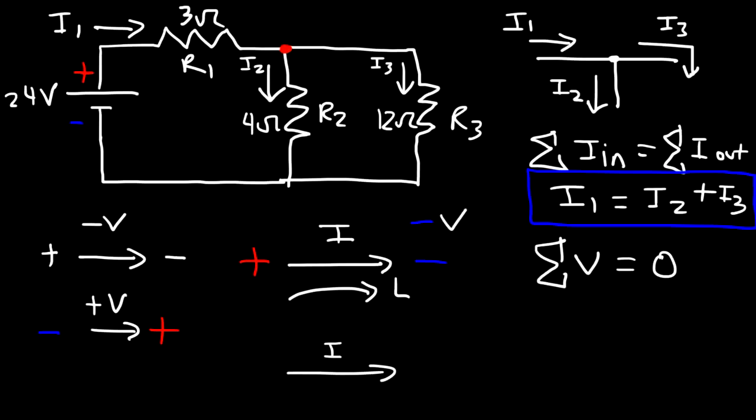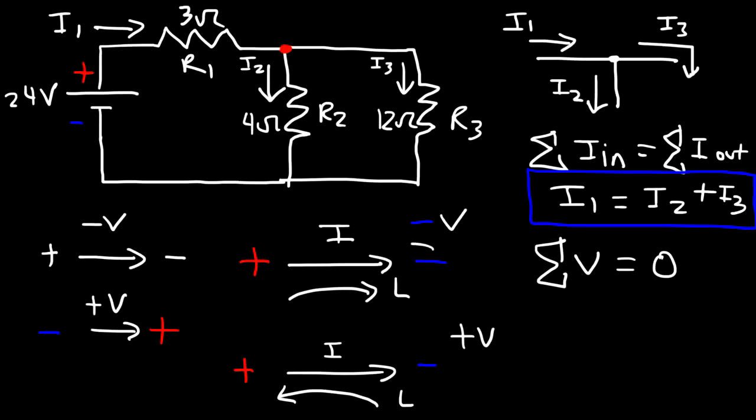So when using the loop rule, if you're going in the direction of the current, that's associated with a voltage drop. If you're going opposite to the direction of the current, then you're traveling from a low potential to a high potential, which is what we have in this situation. That's going to be associated with an increase in voltage, or voltage lift, because you're going towards a higher potential.